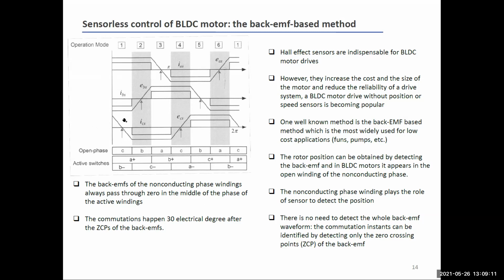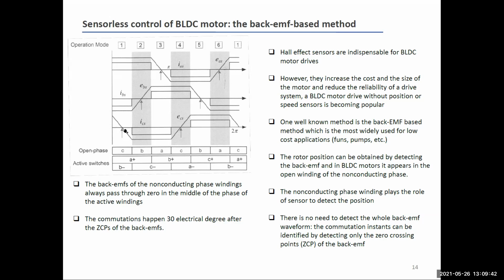And look at the phase C, which is here. The back EMF has a transition, okay? The open phase has no fixed back EMF, okay? The back EMF is constant only for the phases that are energized, A and B here. For the open phase, the open leg, the back EMF has a transition between a positive value in this case and a negative value, okay?